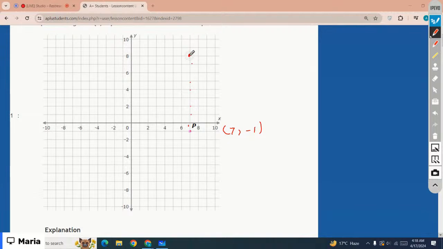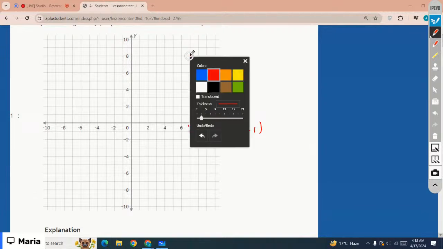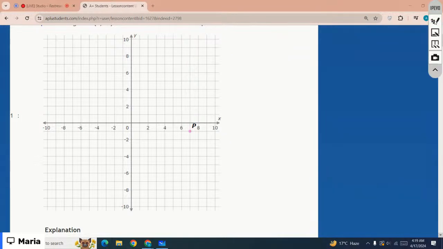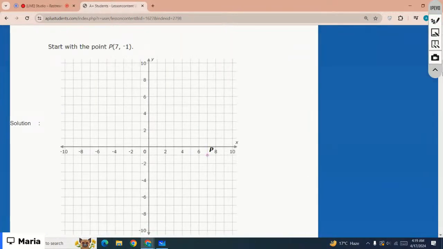The translated image is here. Now the coordinates are 7 and 8. So the coordinates for the new translated image are 7 and 8.